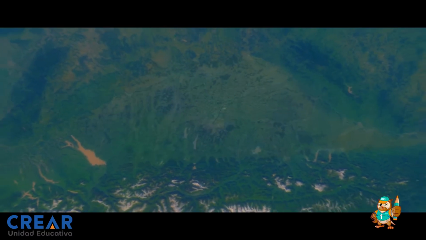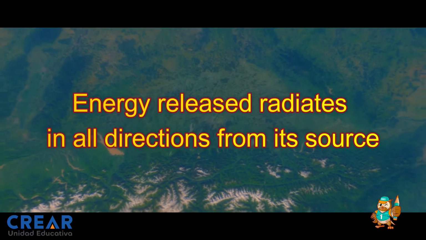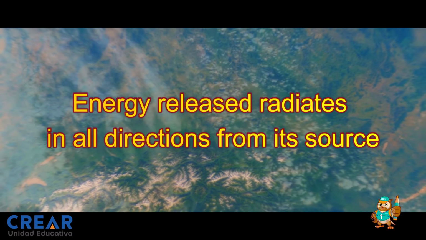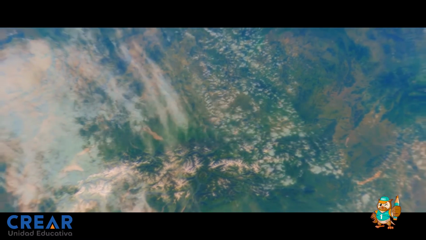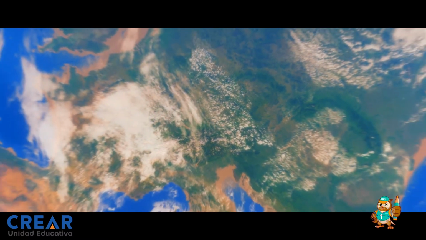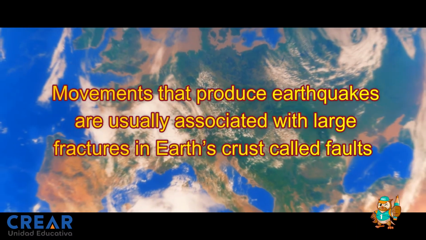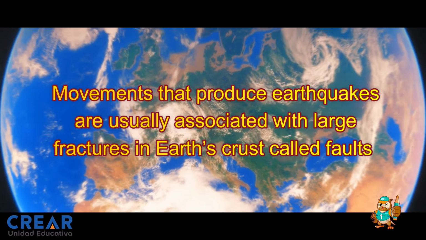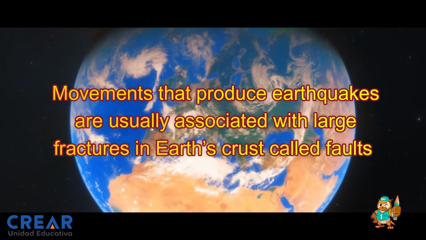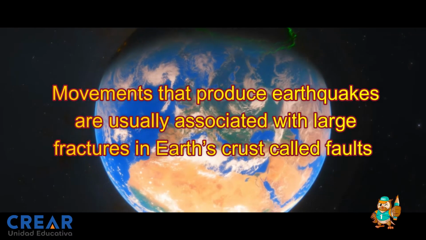Also, kids, we can say that in an earthquake, all of the energy released radiates in all directions from its source, from the center, from the epicenter in this case. Movements that produce earthquakes are usually associated with large fractures in the earth's crust called faults.